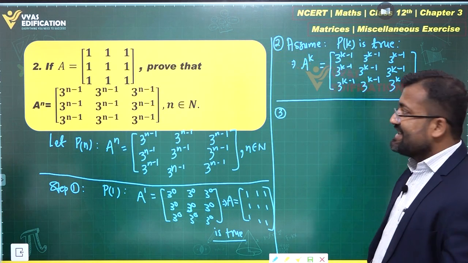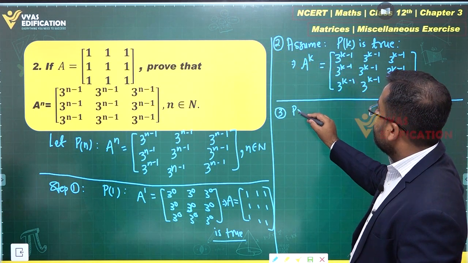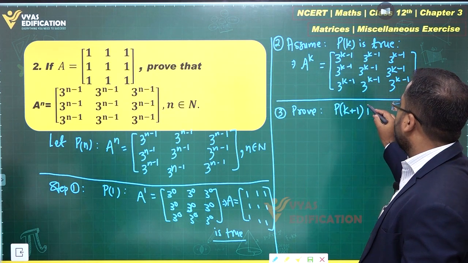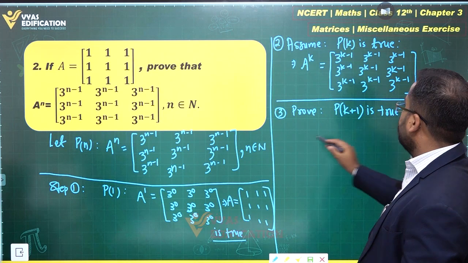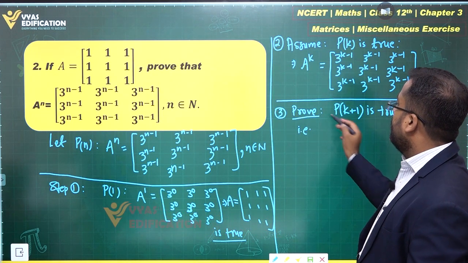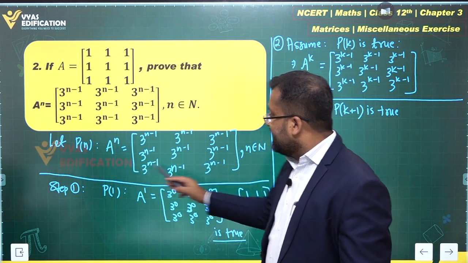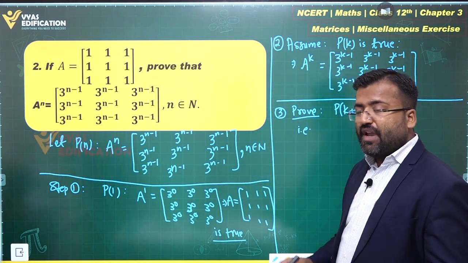What does step 3 say? Step 3 says prove Pk plus 1 is true. That is, what we want to prove is that if I substitute k plus 1 instead of n, the statement should be true.